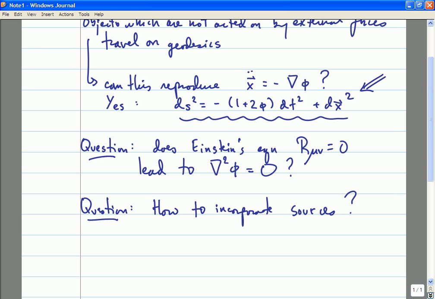And that is the question that we will answer first before answering the first question of how Einstein's equation, R mu nu or G mu nu equals 0, will lead to the equation of motion of Newtonian gravity. And once we've checked that, we will have completed our formulation of general relativity and written down the equations of motion for the curvature of space-time that correctly reproduce all of the laws of gravity that we know and love from Newtonian physics.